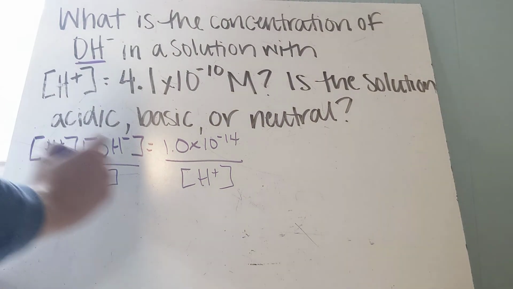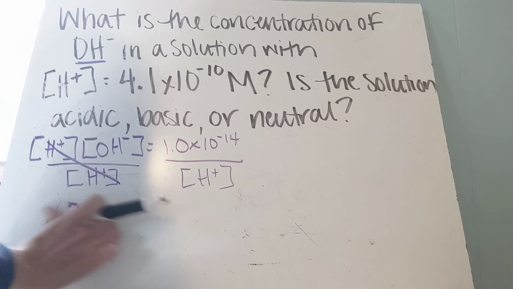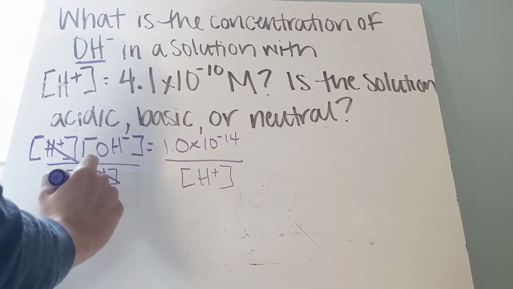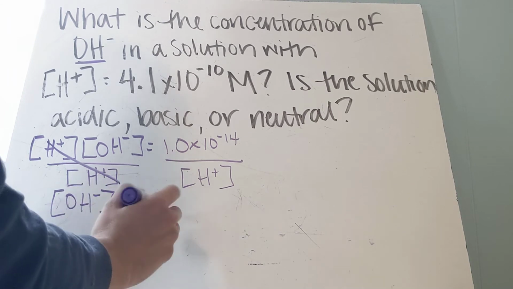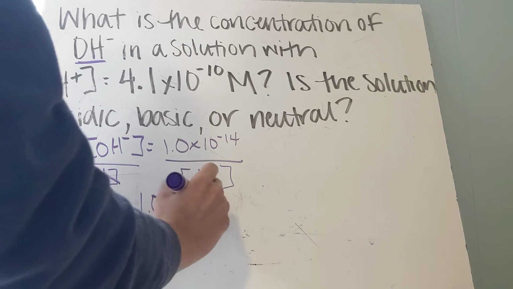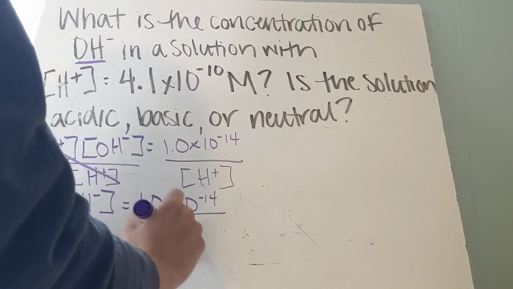And I get the formula OH minus is equal to 1.0 times 10 to the negative 14th divided by H plus.